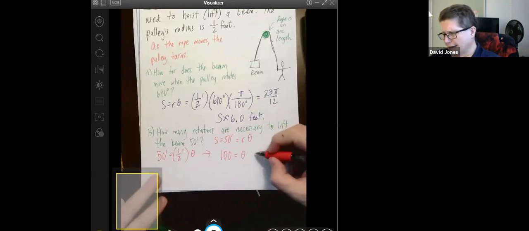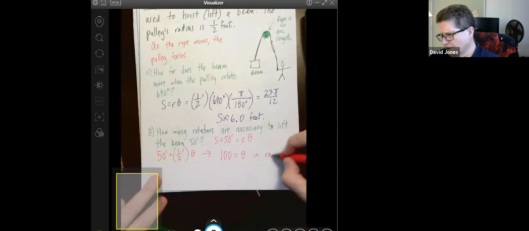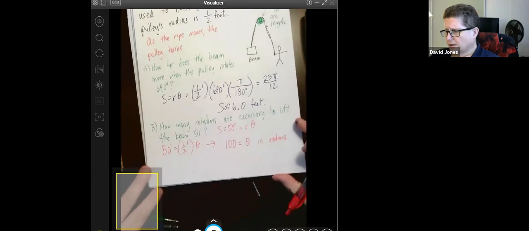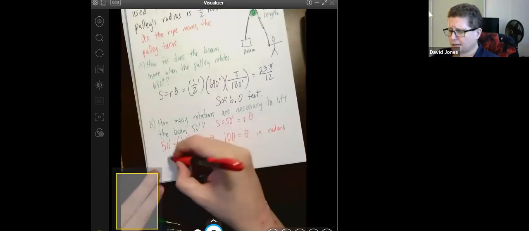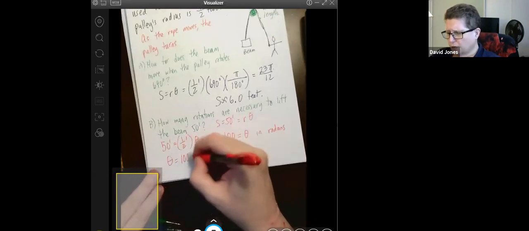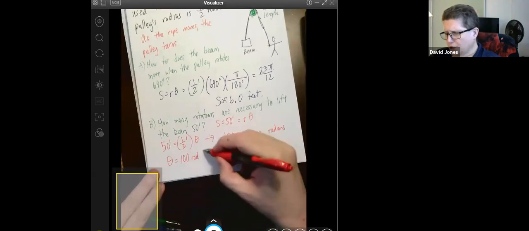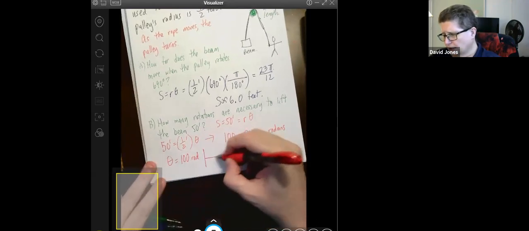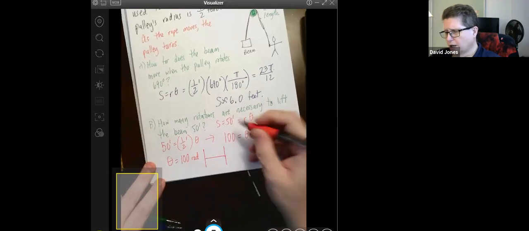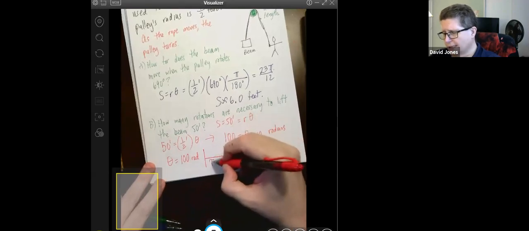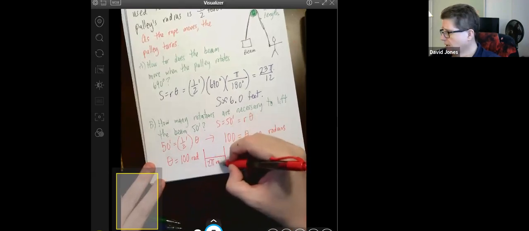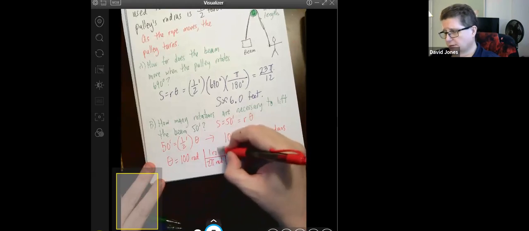But that's in radians. That's not how many rotations it is. To go from that to rotations, theta equals 100 radians. We know for a normal circle, there are 2 pi radians in one rotation.